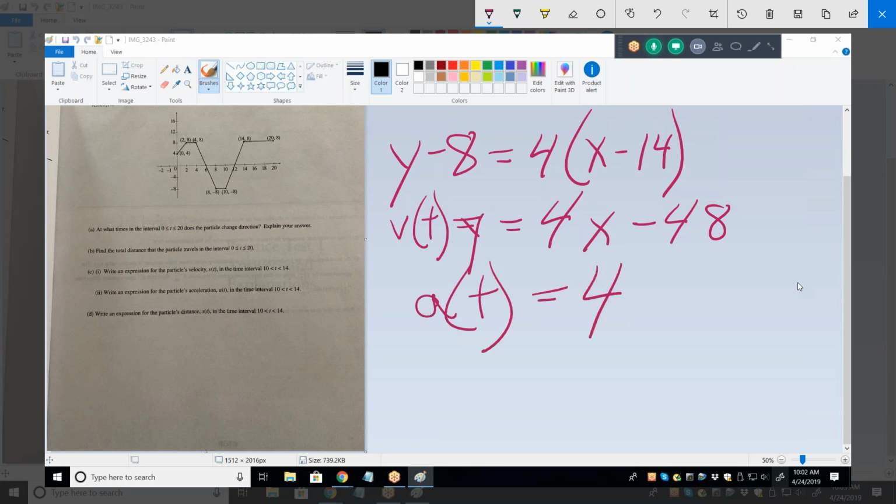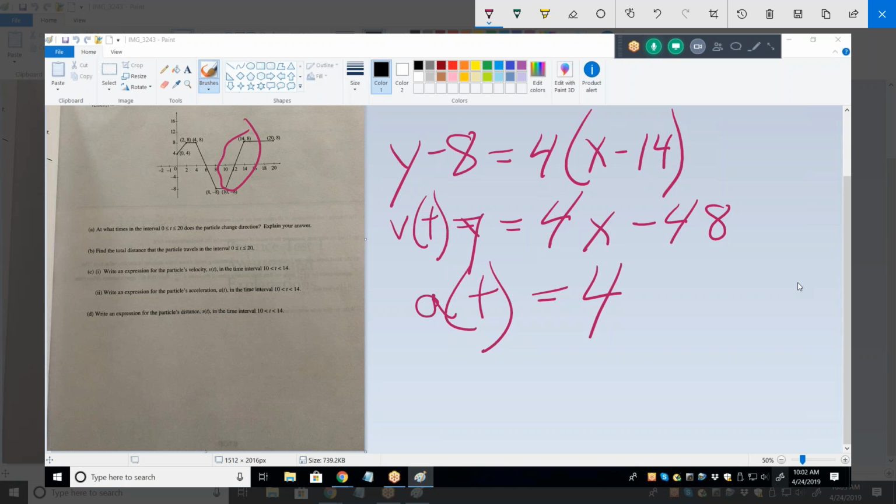It's accelerating at 4 feet per second during that whole interval, and it's positive because that's a positive slope. And the last question, they don't ask you about speed, so they're avoiding the tough part.